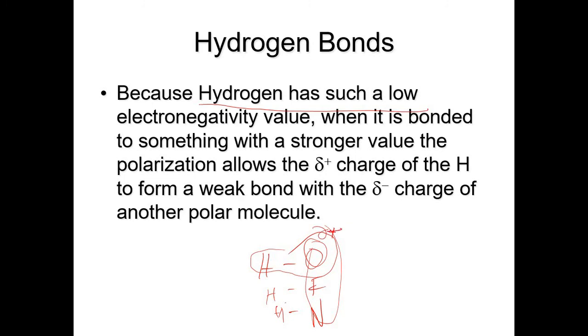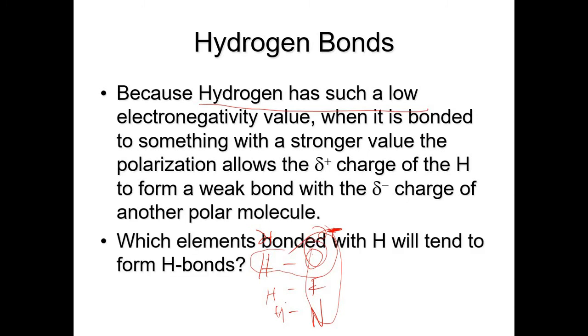Partial negative dire niya, partial positive sa hydrogen nga side. This creates polarization like any other polar covalent bonds. But the difference is that the electronegativity difference is so huge because hydrogen has a very low electronegativity value. That is why we form the hydrogen bonds.